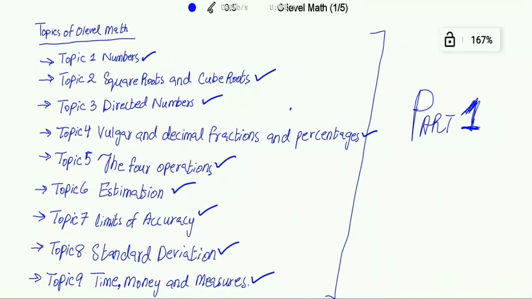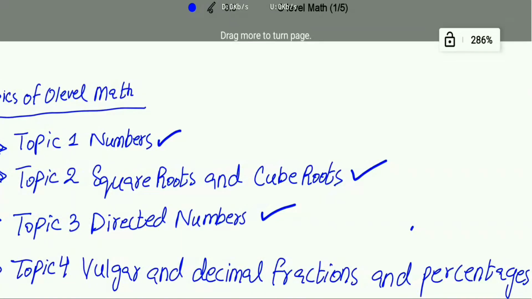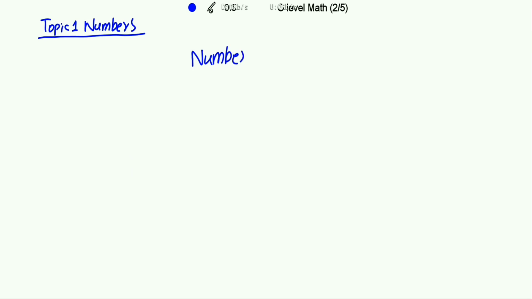Let's start with part 1, and our first topic is numbers. Numbers can be broken down into imaginary numbers and real numbers.